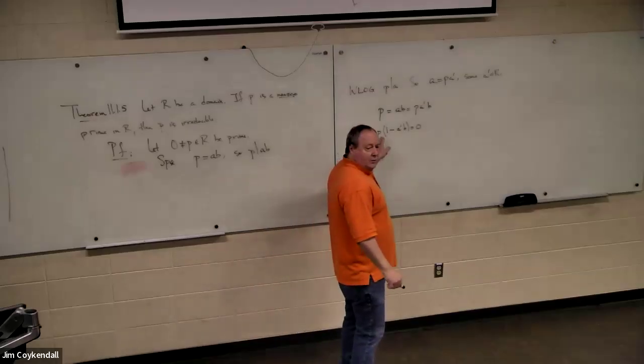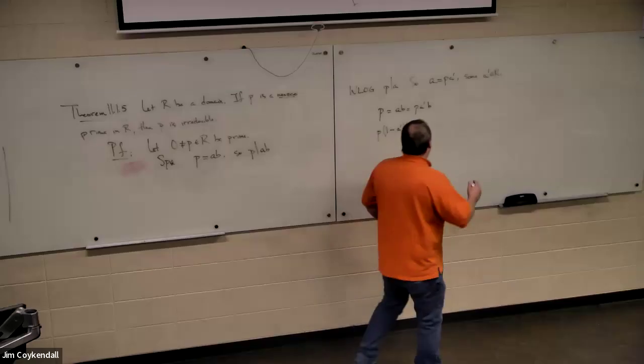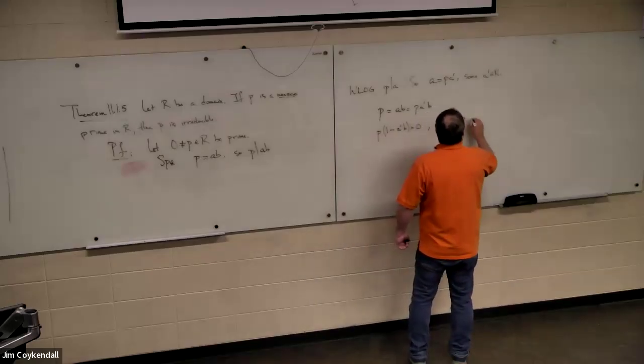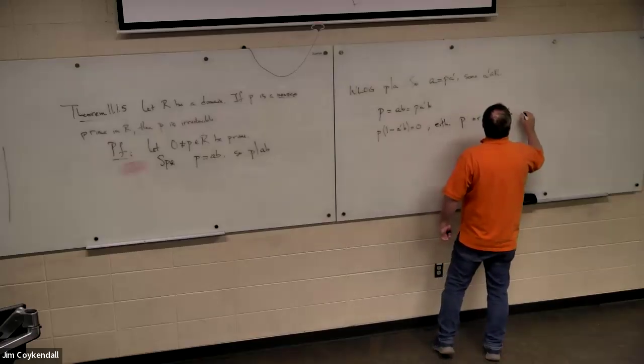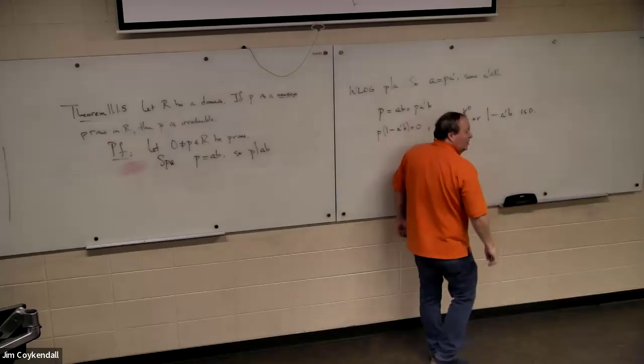This is a product of two things, P and this other thing, and we're in an integral domain, and their product is zero. That means that either P is zero or 1 minus A prime B is zero. But P is not zero.